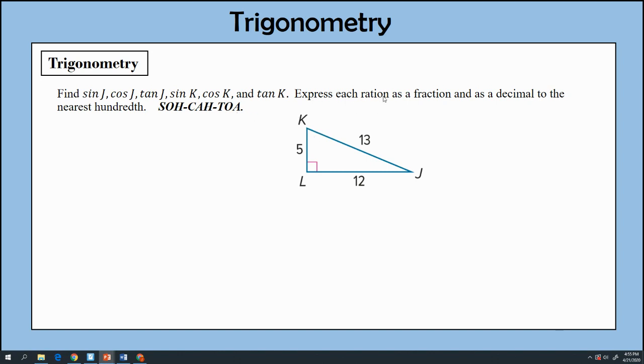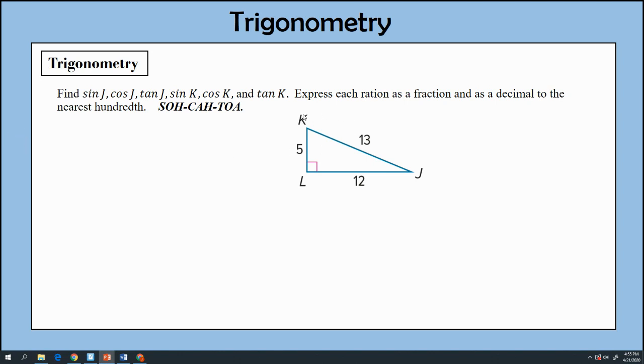We're going to express each of these as a fraction and as a decimal to the nearest hundredth. I put this in here, SOHCAHTOA. You've probably seen it before. It's just an acronym for sine is opposite over hypotenuse, cosine is adjacent over hypotenuse, tangent is opposite over adjacent. People memorize it, write it on their paper, and then it helps them remember how the ratios work.